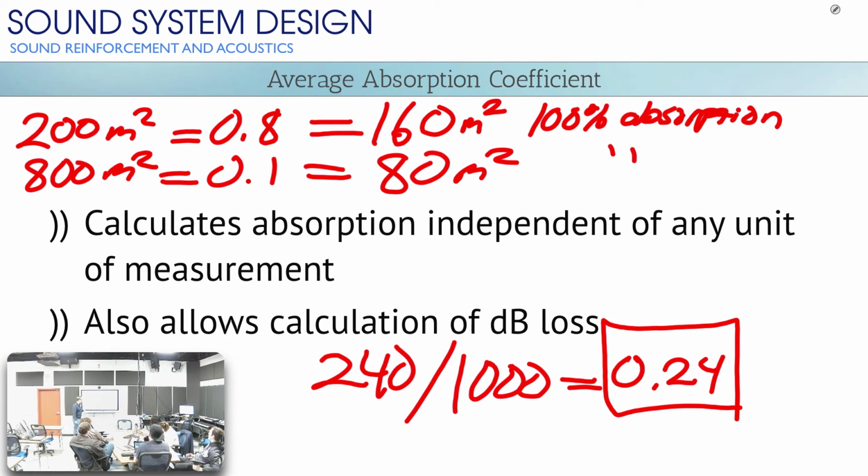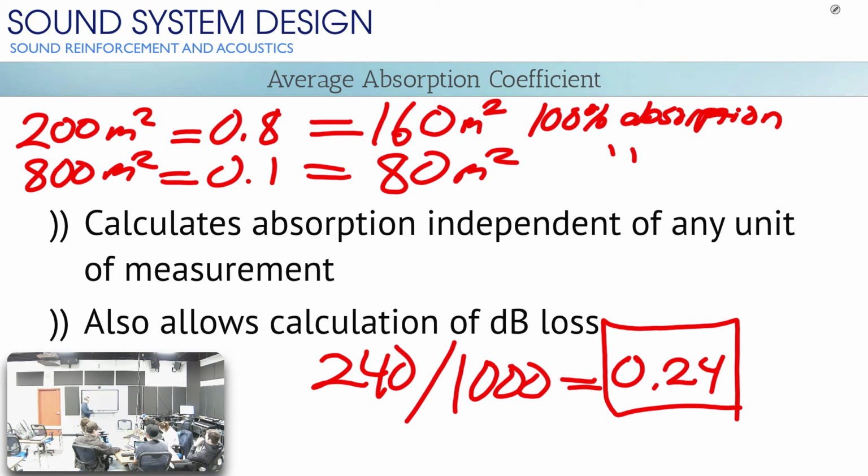Your average absorption. Yes, that is your average absorption coefficient of this room, which means generally for this room, 24% of the acoustic energy that happens inside that room gets absorbed at the surfaces and doesn't come back. And the rest of it, the other 76%, comes back.